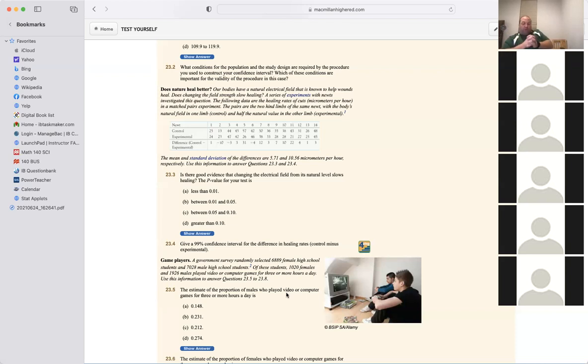I'm looking at the confidence interval now. Oh, because all the values are in the interval. What values? Only one number that I care about. Only one number that matters. What's the only number that matters?